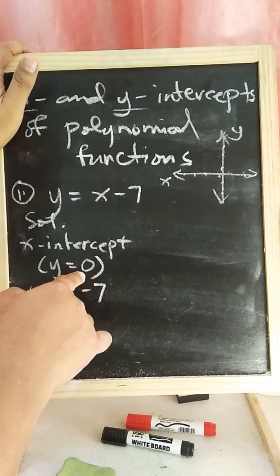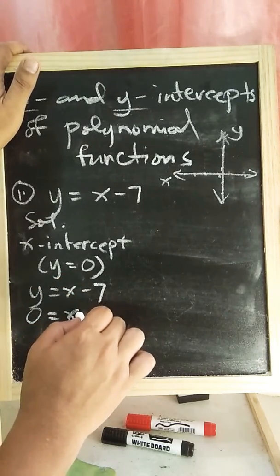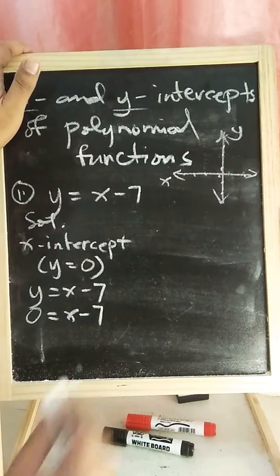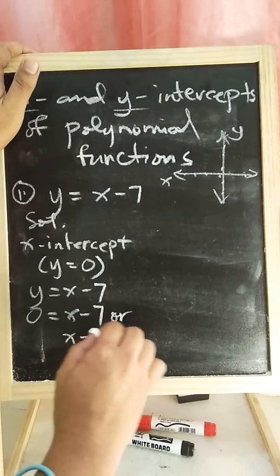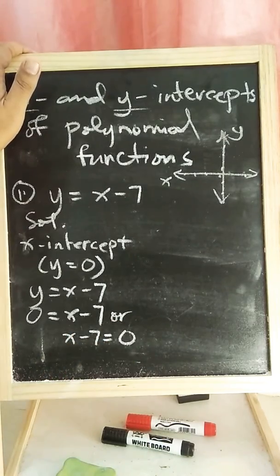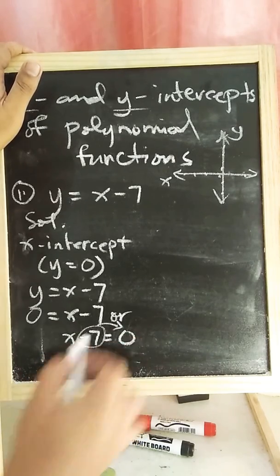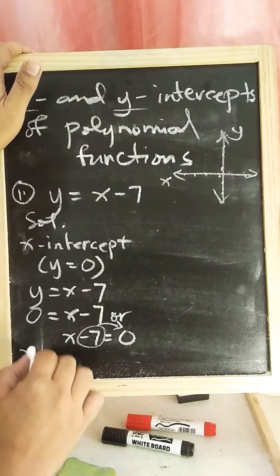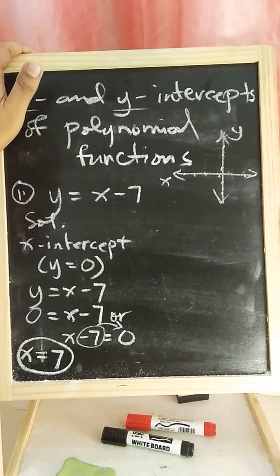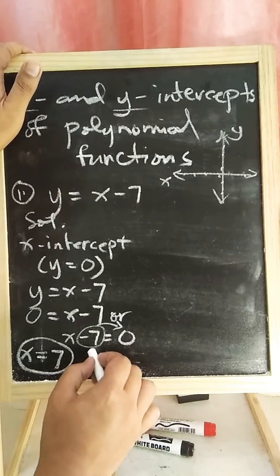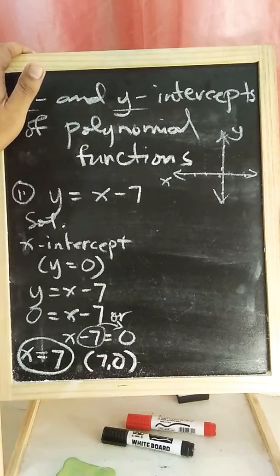So 0 is equal to x minus 7, or x minus 7 is equal to 0. Solving for x, you transpose negative 7 to the other side. So x is equal to 7. This is now your x-intercept: (7, 0).